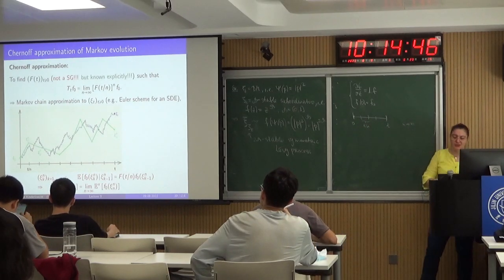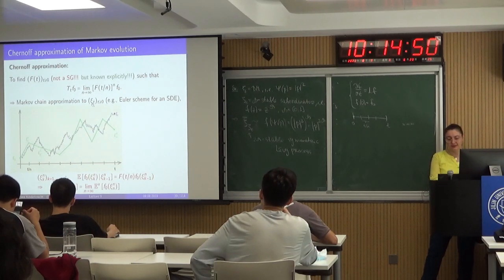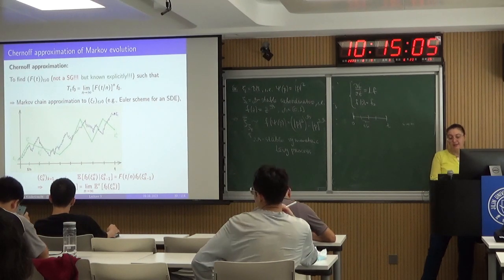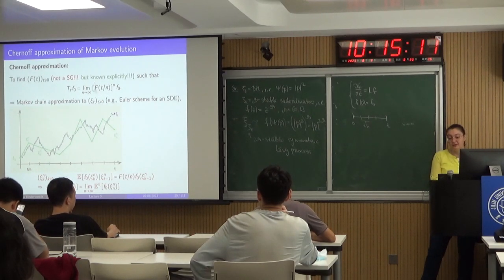So this is a picture which says that if Tt corresponds to some Markov process, I have drawn here a path of a Markov process, psi t, then we consider this time discretization, and at each point t over n, we have some random variable, probably, if these operators are also related to some random variables. This is written here.